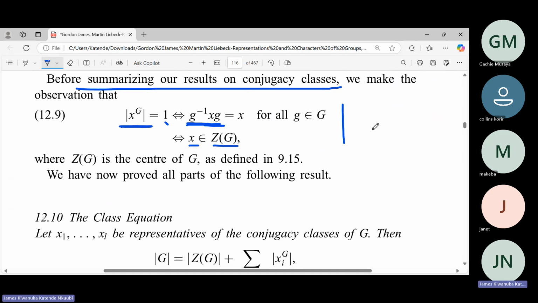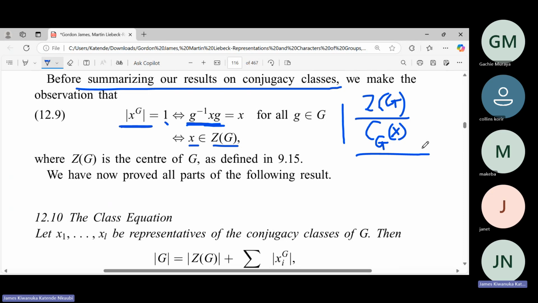Try to get a distinction between the center of a group and the centralizer of an element. The center of a group is the set of all elements that commute with all other elements. The centralizer of an element is a different set: the set of all elements in the group that commute with just this one element X. Always keep track of those two definitions, as it's easy to mix them up.